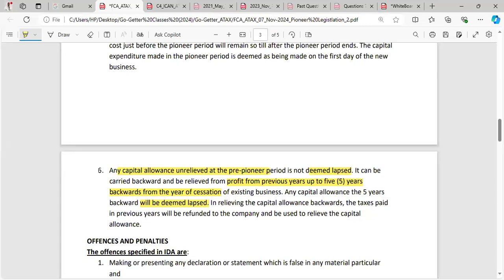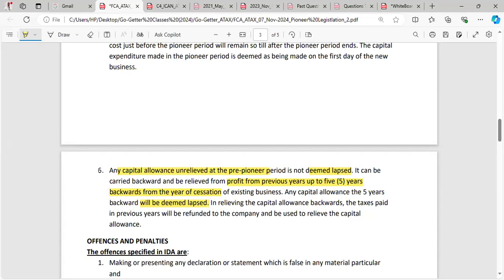Now, when we are carrying the capital allowances backwards, all the taxes that have been paid in the previous years will be refunded to the company, which will be used to relieve the capital allowance. So it may not give you cash; it will only use your tax paid to relieve your capital allowance.